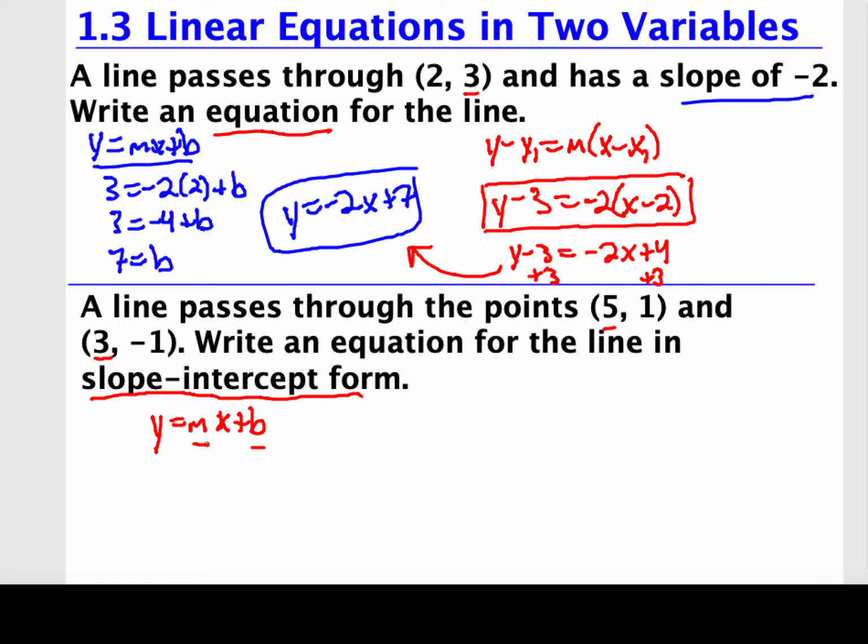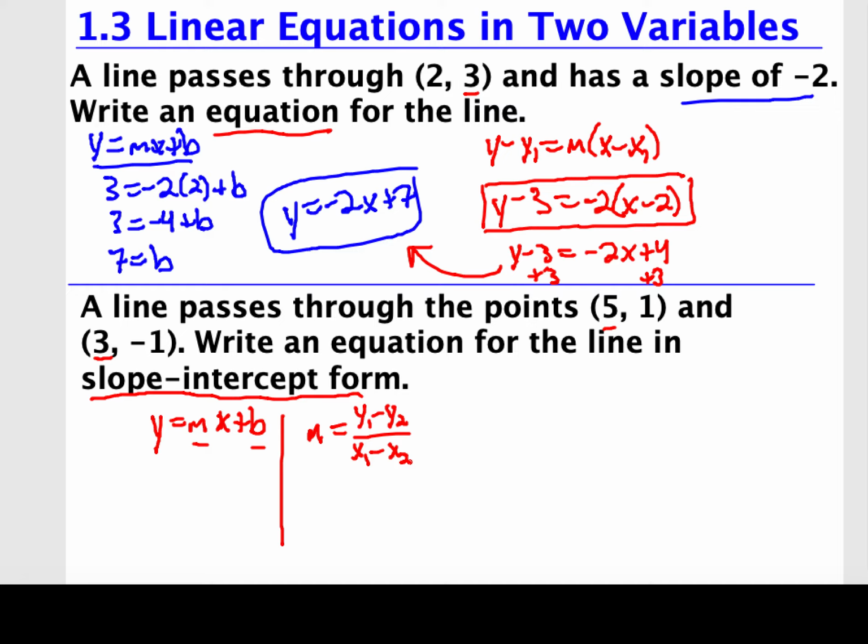So let's start with our slope formula. It's always a good place to begin. m equals, we can take our y1 minus y2, as long as on the bottom I say x1 minus x2. And again, they're interchangeable as long as my points stay consistent.